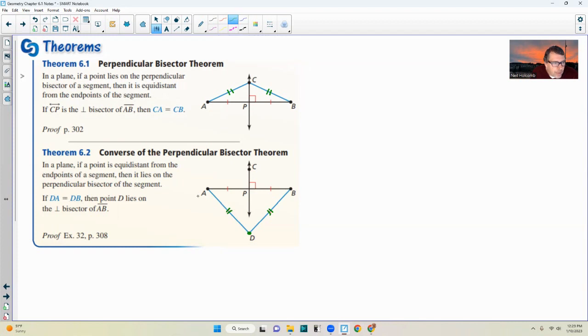So if DA equals DB, then point D lies on the perpendicular bisector. So if this line continued, we know it's going to go through D. The proof of that's on example 32 on page 308, and I'm not going to go over that in this video. If you want to take a look at it, have at it.